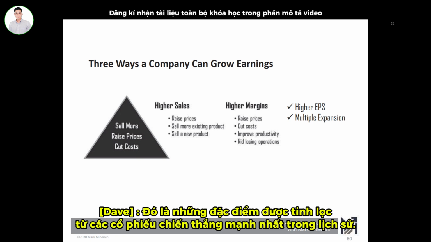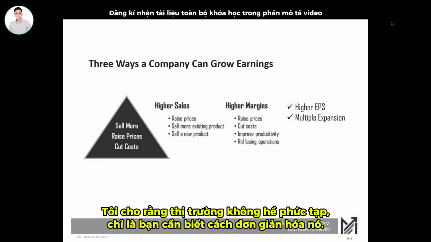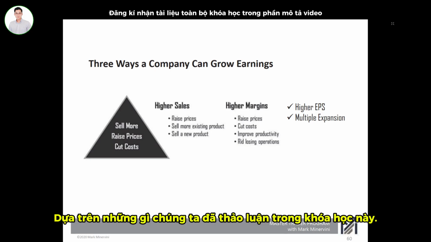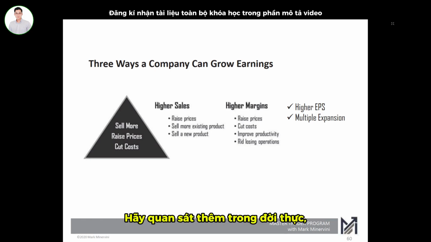Well, it was basically the CAN-SLIM characteristics, and those were the characteristics of the greatest winning stocks of all time. And I keep on saying the market is not that complex. You just have to really simplify it down to what we're discussing in this whole workshop, but then also add in your own life.